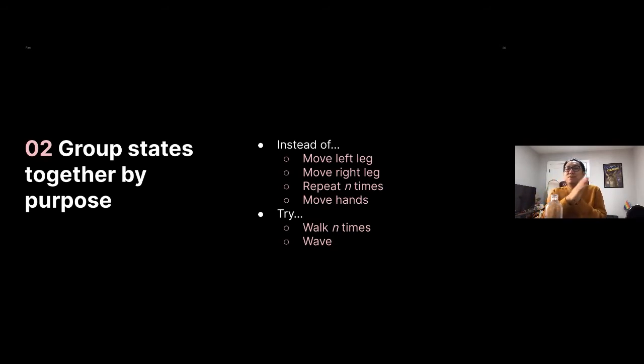Because when the PM comes in, they don't understand what it's trying to do if you do the first case. If you look at the second case, then they know exactly, oh, you're trying to walk n times and then wave. That's brilliant. So group it by its form, not its function. Group the states by their purpose, not the command.